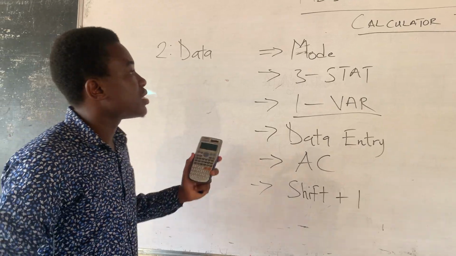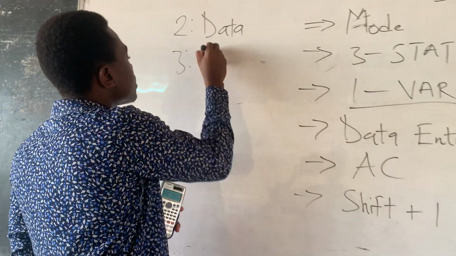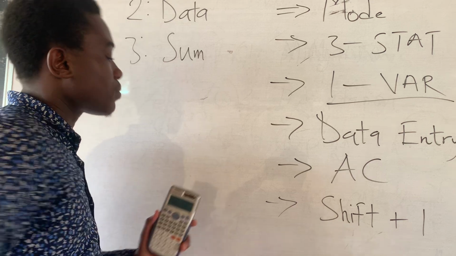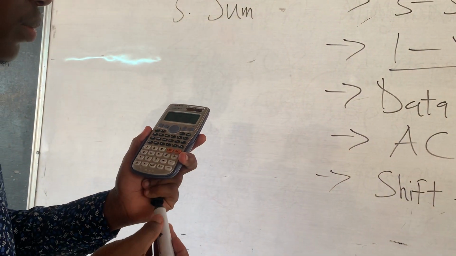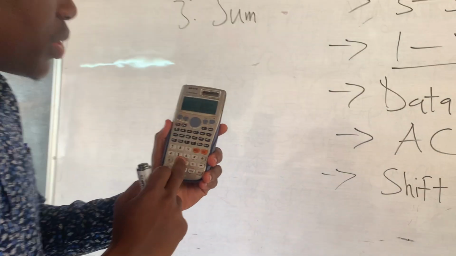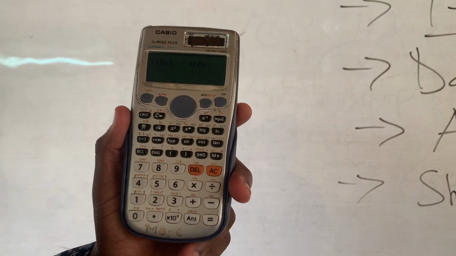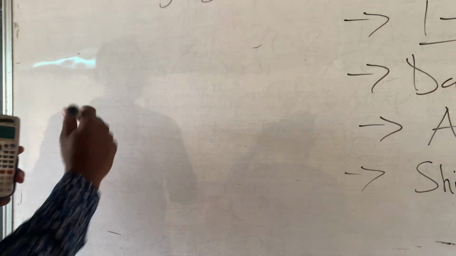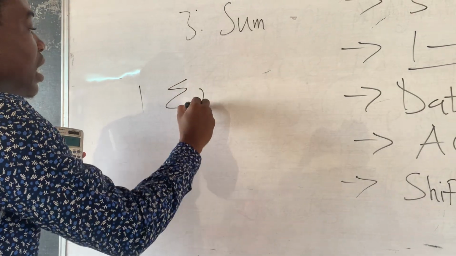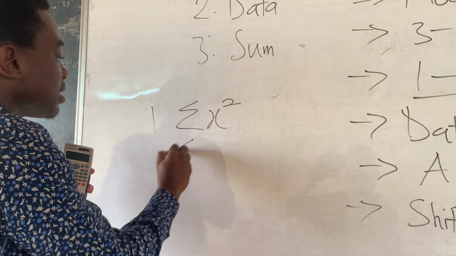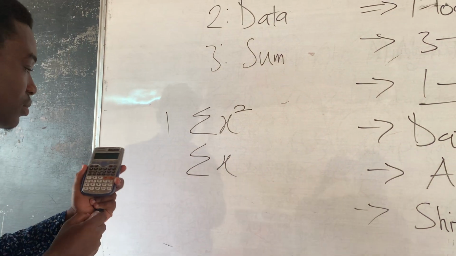Now the third option is sum. If we take the third option, which is sum, there are two other options over there. The first of which is summation x squared and then summation x.